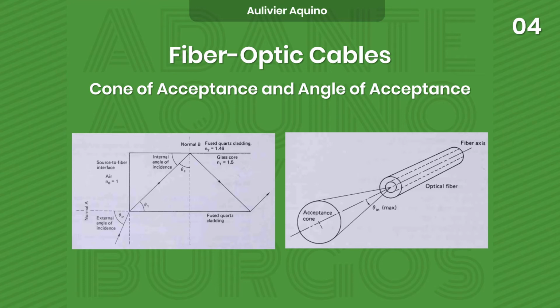This ensures that the light strikes the core and cladding interface at an angle greater than theta c. Note in the figure that theta c and theta 1 are complementary as they are 2 angles in a right angle. The acceptance cone is shown on the right. If the light ray entered the cable within this cone, then it will undergo total internal reflection.